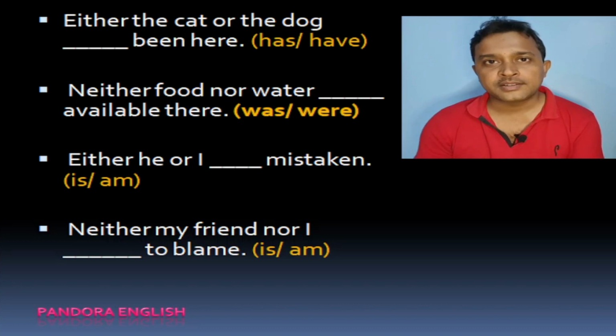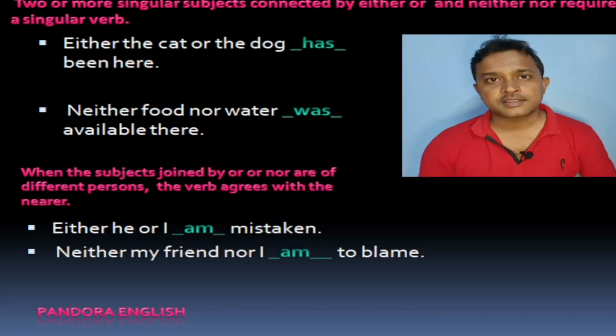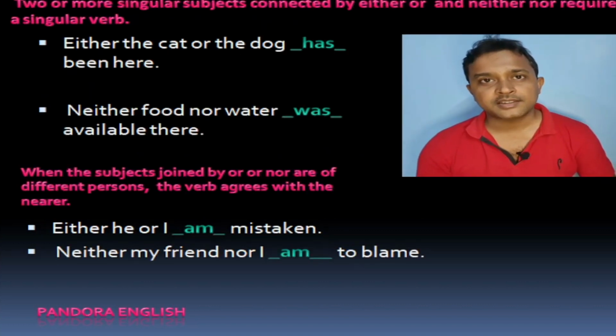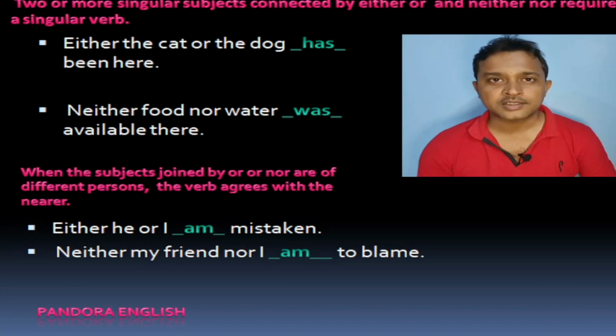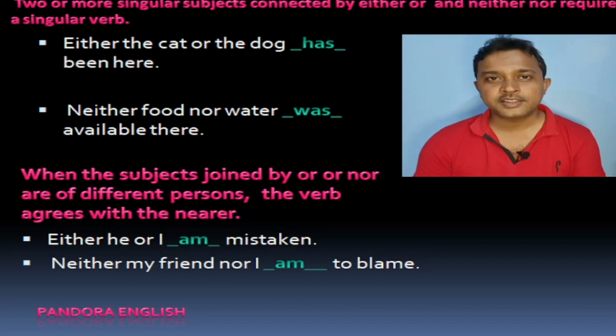But when two different persons are joined by either or neither nor, the verb agrees with the nearer one. So the correct answers to these questions will be: either the cat or the dog has been here. Neither food nor water was available there. Either he or I am mistaken.